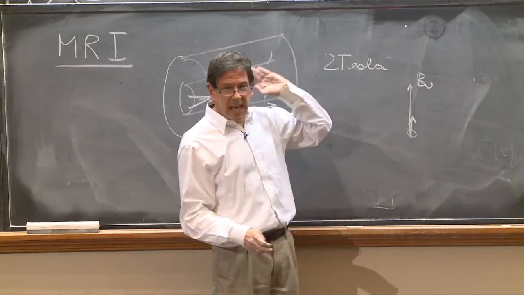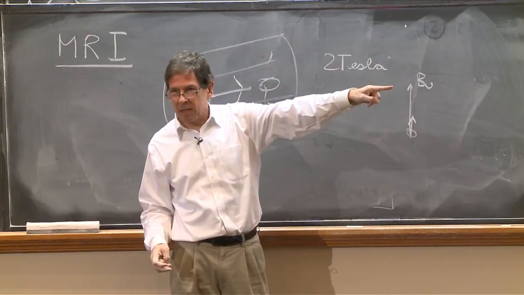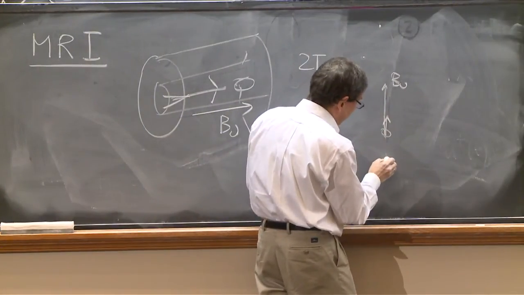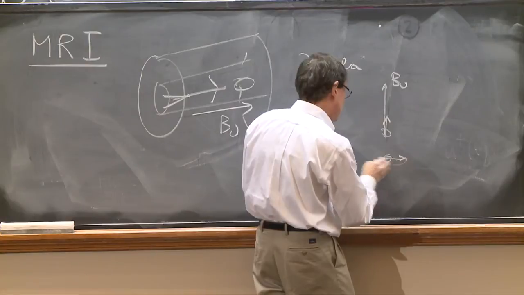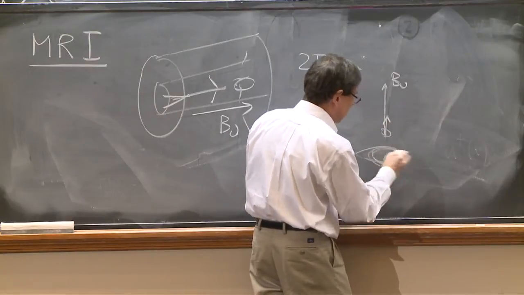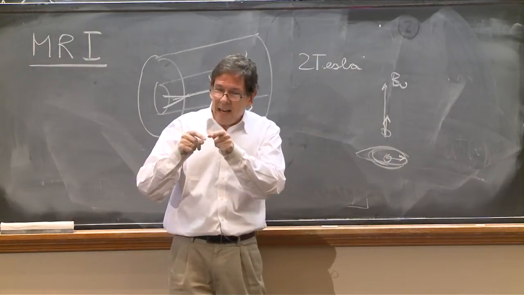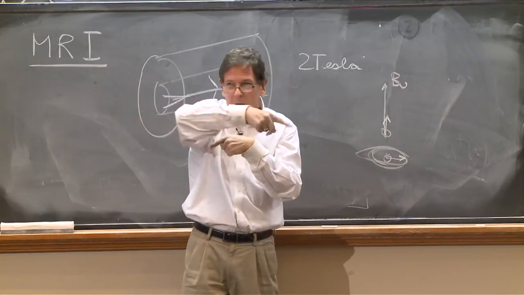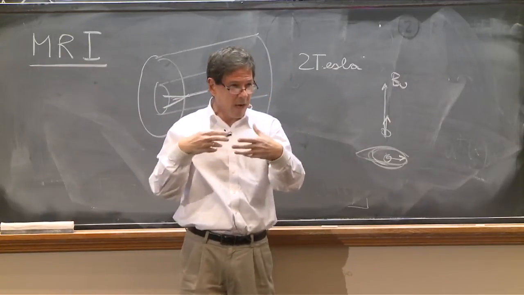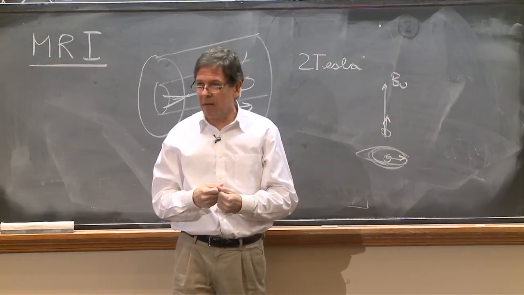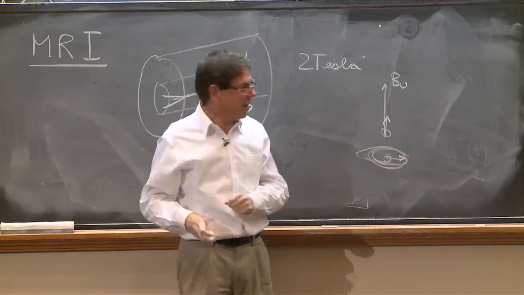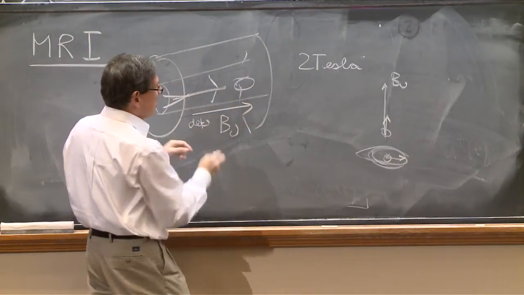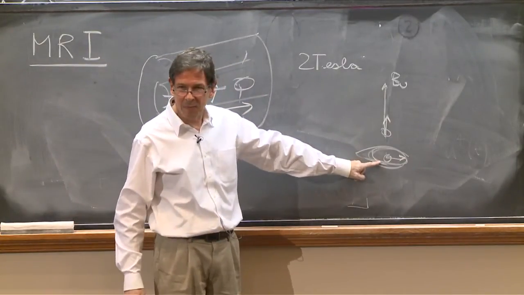And then they send this 90-degree pulse. So this thing starts spiraling, and then it finally goes into this direction, and it rotates like crazy. Then, as it rotates like crazy, a rotating dipole moment is like a generator of electromagnetic waves. So it generates an electromagnetic wave, and there are detectors all over that pick up this signal.